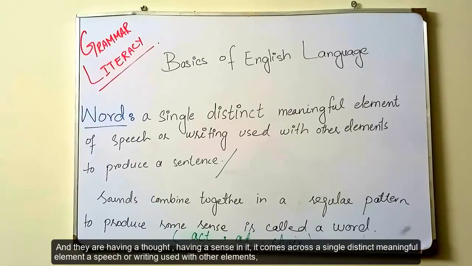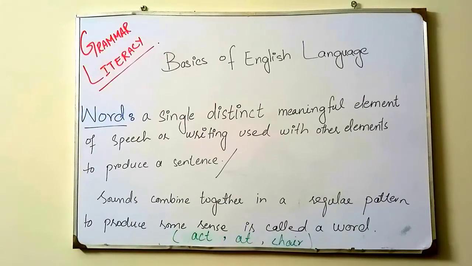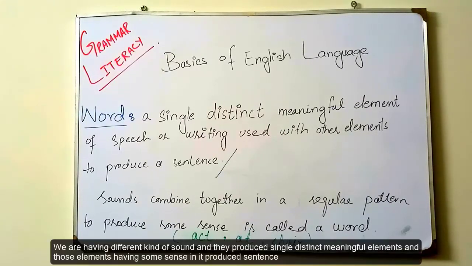They have a thought, a sense in them. So a word is a single, distinct, meaningful element of speech or writing, used with other elements. We have different kinds of sounds, and they produce a single, distinct, meaningful element, and those elements which have some sense in them produce the sentence.